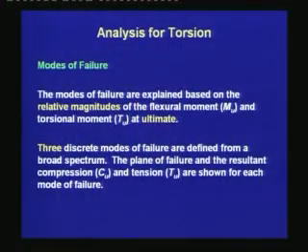The failure depends upon the relative magnitude of these two moments, and the modes of failure are identified based on these relative magnitudes. Three discrete modes of failure are defined from a broad spectrum. The plane of failure and the resultant compression and tension are shown for each mode of failure.